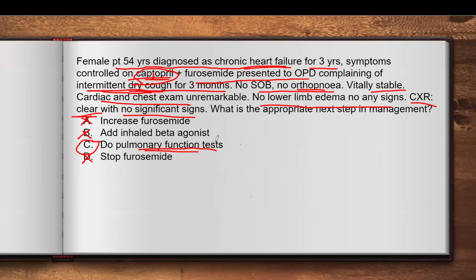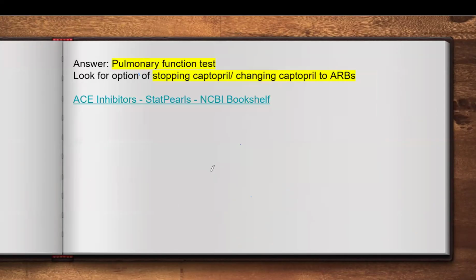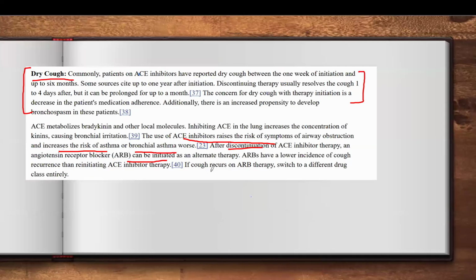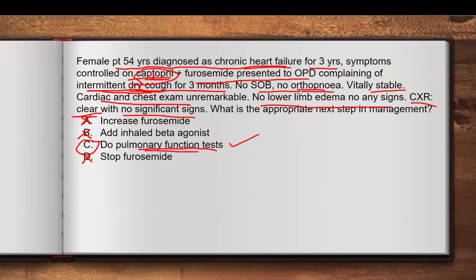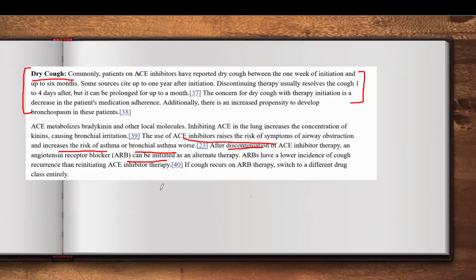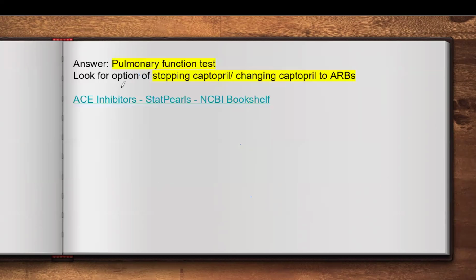Adding an inhaled beta agonist would be at a later stage, if anything abnormal comes up in the pulmonary function test, or stopping captopril does not make this cough better, then we can add this. Look for the option of stopping captopril or changing to ARBs. Right now we can go with pulmonary function tests.